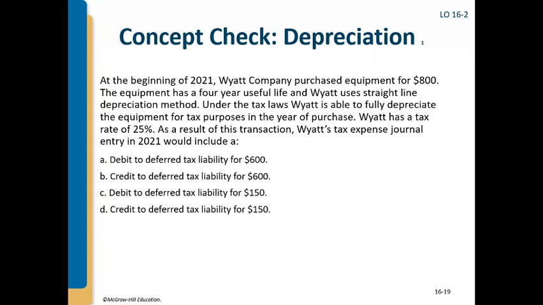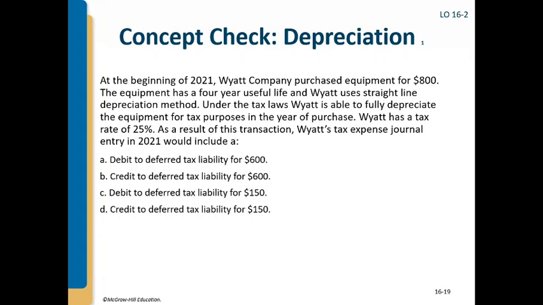And so to figure out your tax expense, here you're looking for the deferred tax liability, obviously, because that's your choice in A through D. And so the deferred tax liability here is not the 600, it's the 600 multiplied times the tax rate.